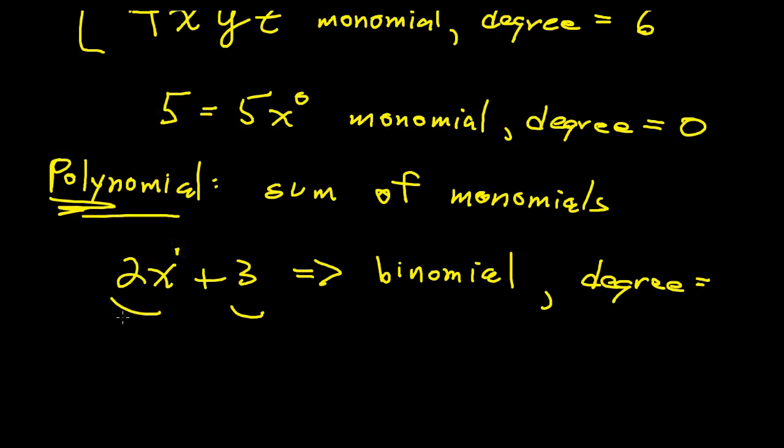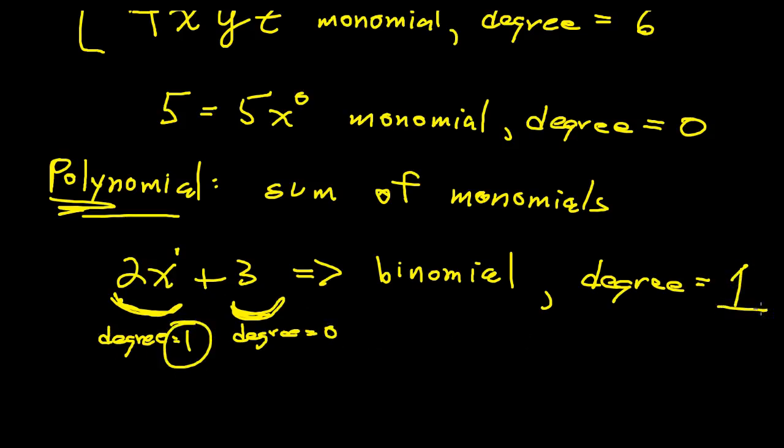Right? This first term here, the degree, of course, is 1. And the second term here has degree equals 0. So the highest degree of these two terms is 1, so I claim that variable expression will dominate the expression for large values of x, so I call this binomial of degree 1. Okay?